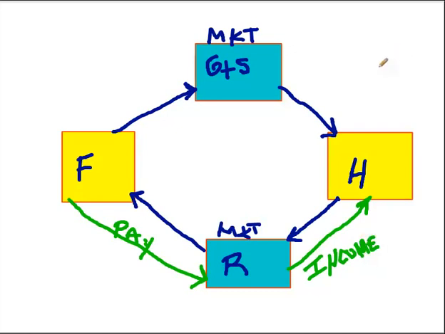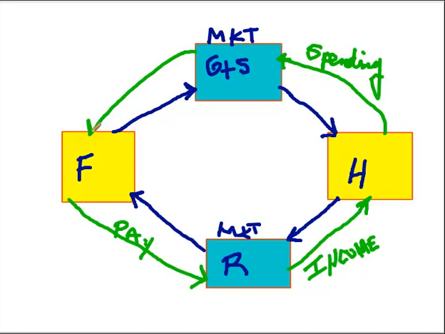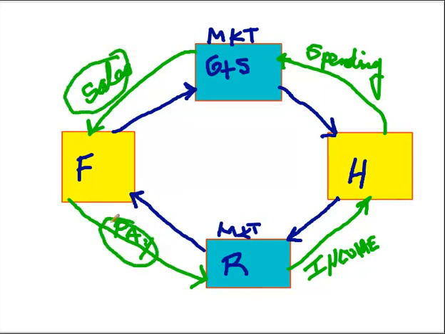Okay. And then what do they do with that income? They spend it. So that's spending. And then for the firm, that's the sales revenue. And if the sales revenue is enough to cover their costs, then the firms are happy to continue.